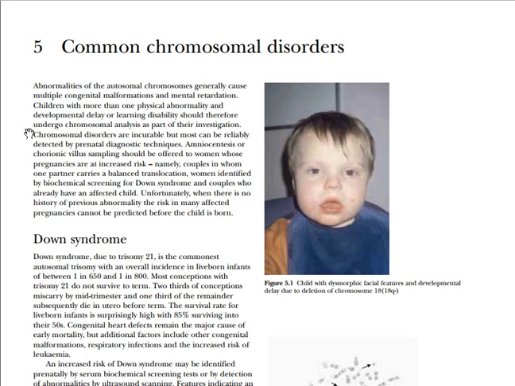I've already said that a chromosomal disorder is a disorder which is due to either a numerical or a structural disease of the chromosomes. When I say numerical, it means there is an addition of a set or one chromosome.